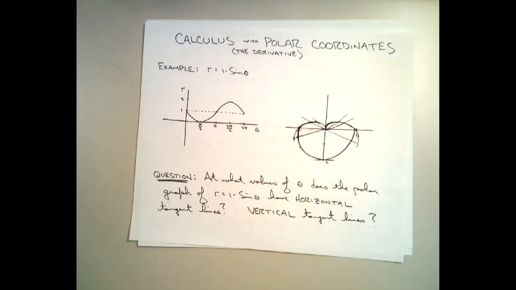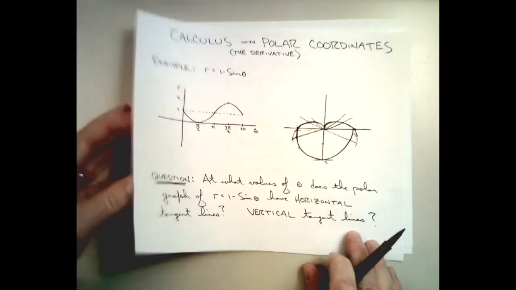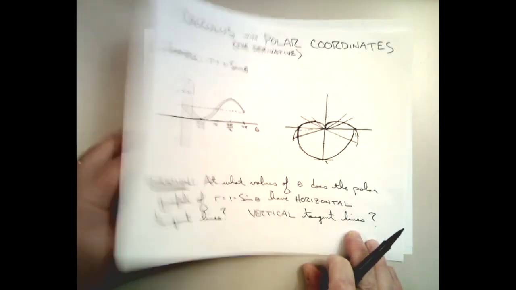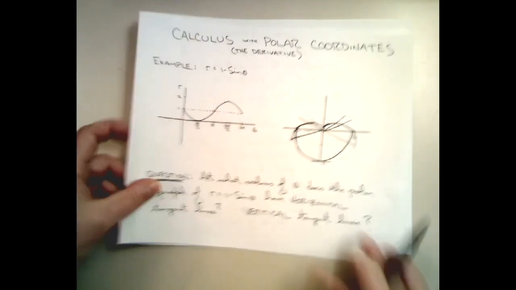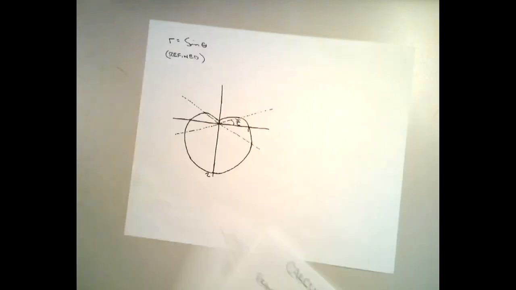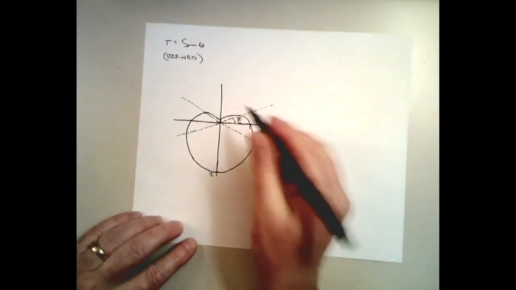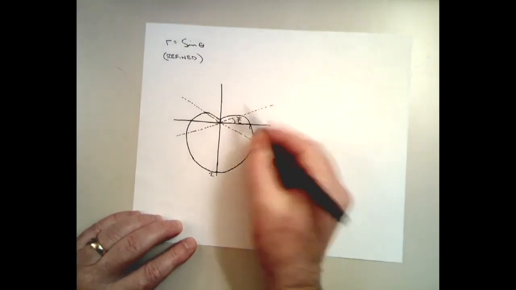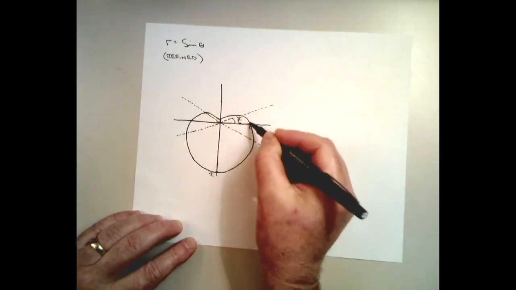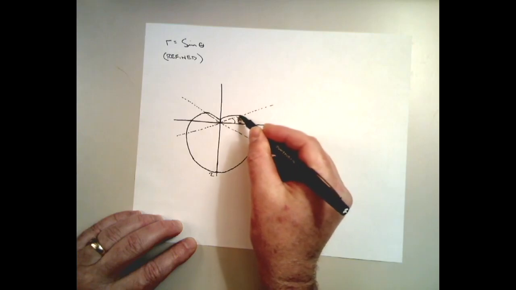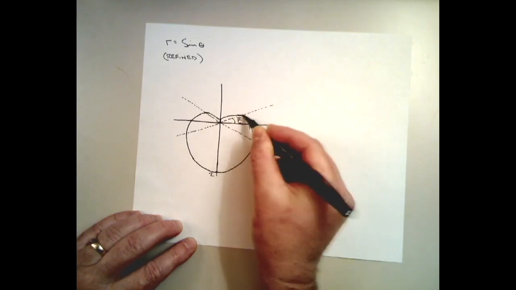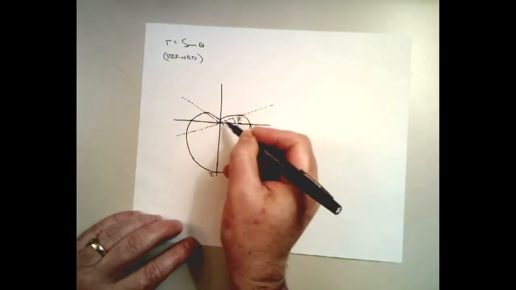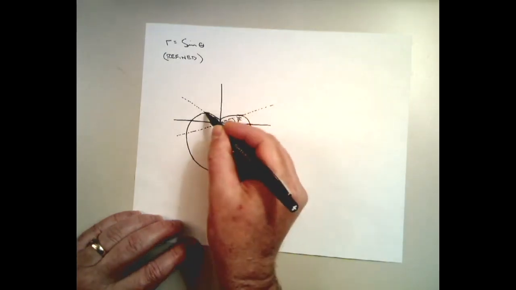So let's refine that. Actually, I've already drawn a picture with those refinements. Here it is. So we start at 1. I drew a little pi/6 line there, and I tried to force it so that that's where my horizontal tangent line was, right at about there. And over here at 5 pi/6, I did the same thing.